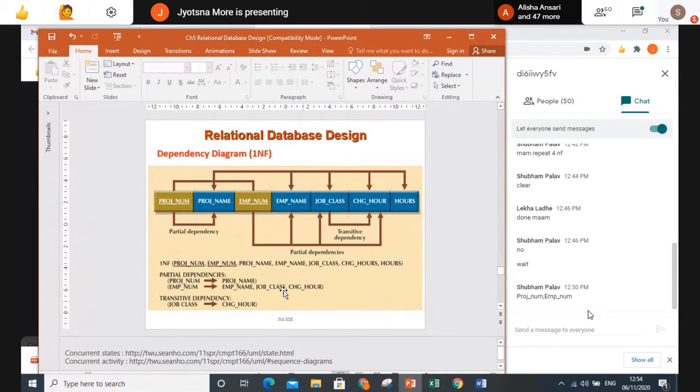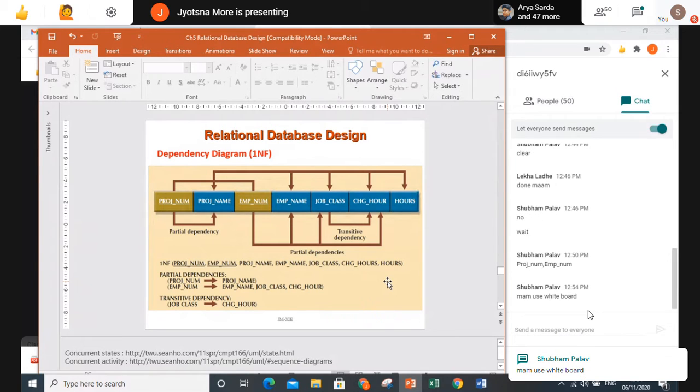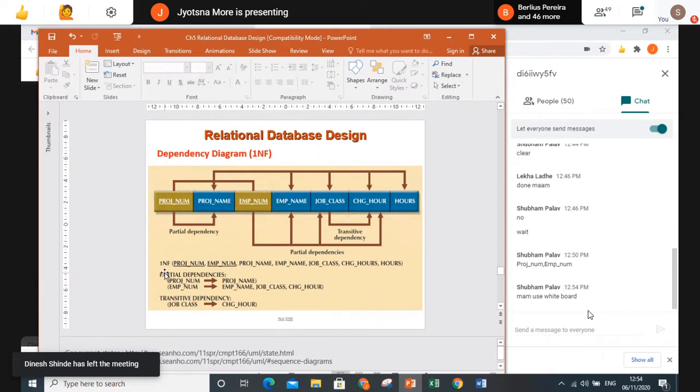So you should know first how to write down this functional dependency. That's it, or does any other functional dependency exist? No, right? Job class and charging hours. Yes, so we have job class determining charging hours. So write down next below that F4 colon, job class determines charging hours.